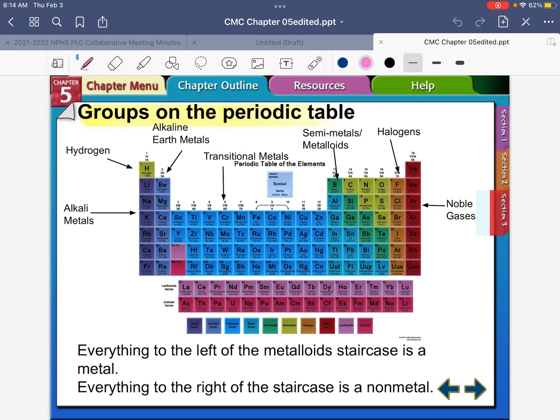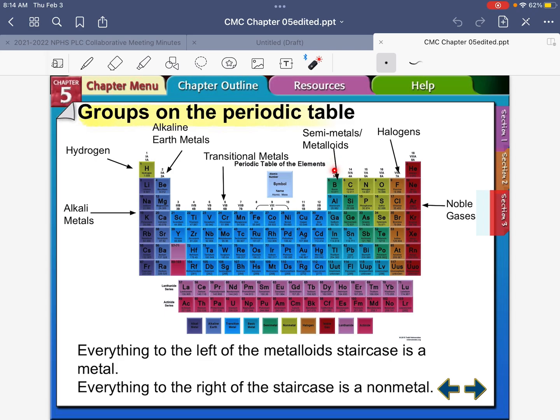On this slide, I believe in your notes, you're writing down what these different groups are on the periodic table. So you're labeling just like I have up here. But one thing I do want to point out is that you'll see this staircase with the semi-metals.